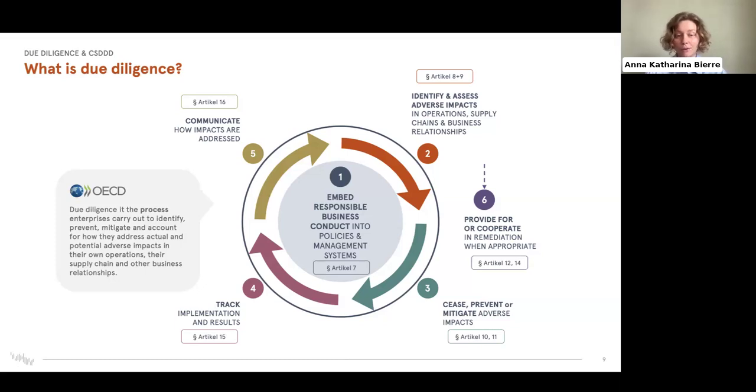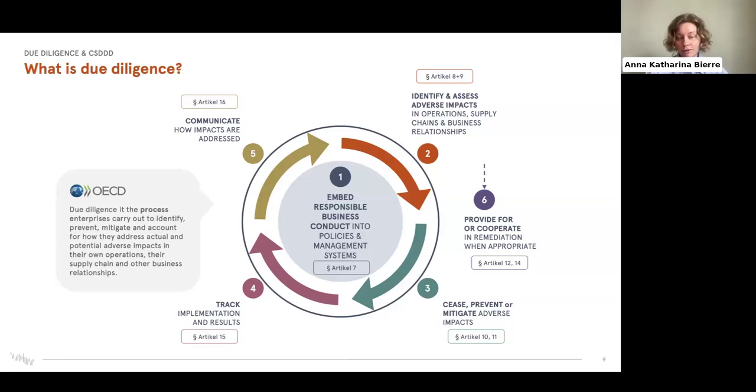It focuses on risk to people and the environment, so not only the financial risk to the company itself. It is also a process that needs to be integrated into the day-to-day of the business operations. So it's not to be confused with the other types of due diligence, such as the legal or transactional due diligence, which typically occurs around specific events like mergers and acquisitions.